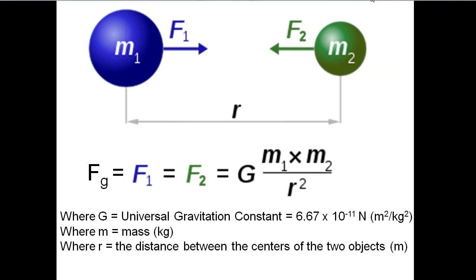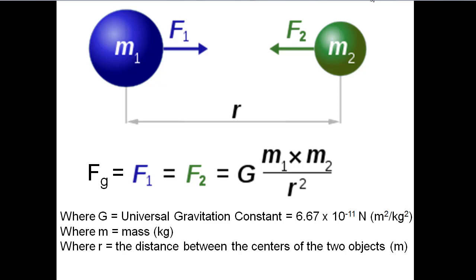The force of gravity is equal to the masses of the two objects multiplied by one another, divided by the distance between them squared, multiplied by a constant. And this is what we call the universal law of gravitation, because this formula works all the time for determining what the force of gravity is between any two objects with mass.